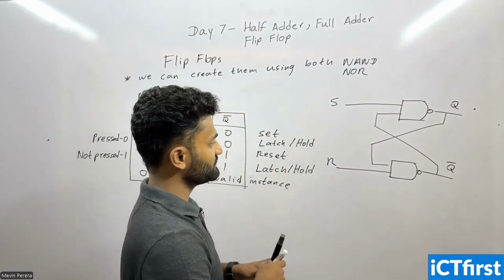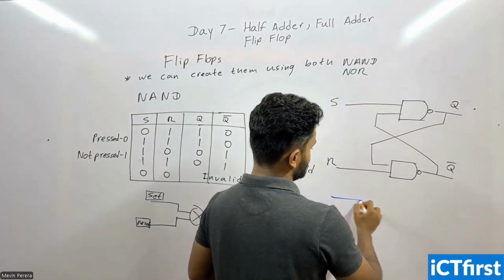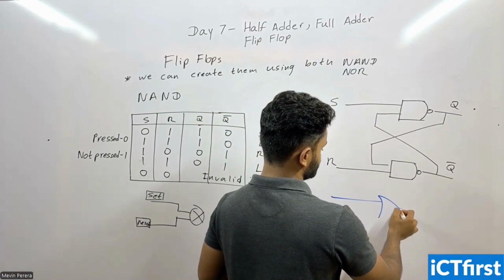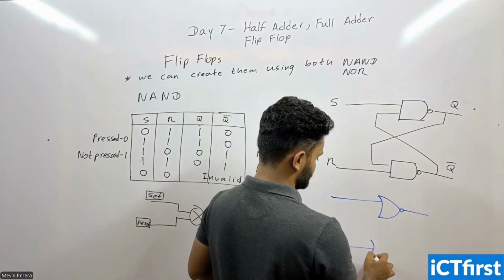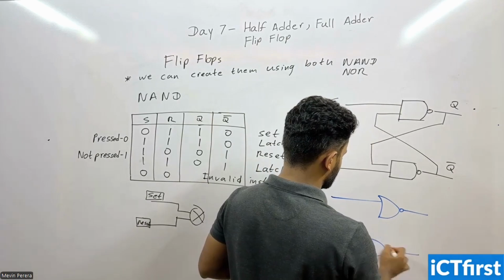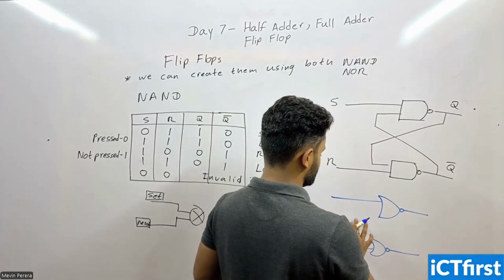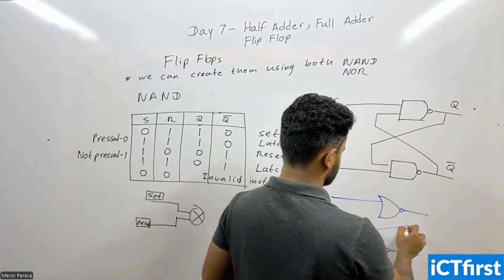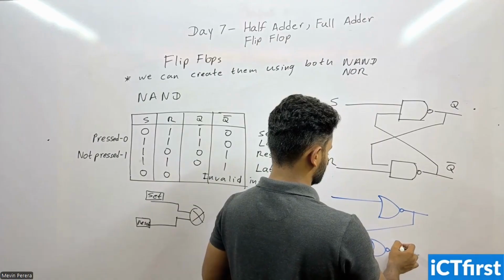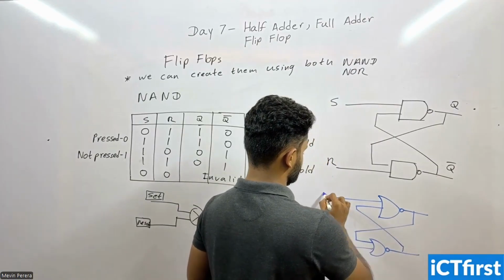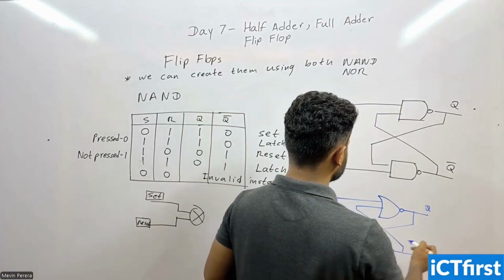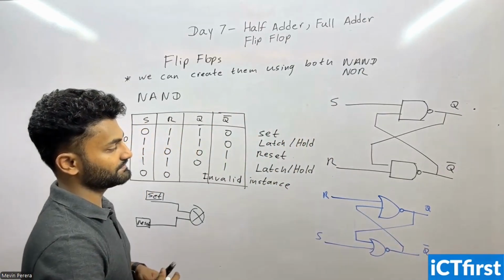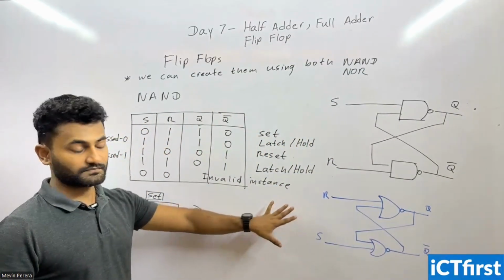In the previous one, we drew it in a way where R is on top. But in this case, of course, S is on top and R is on the bottom.